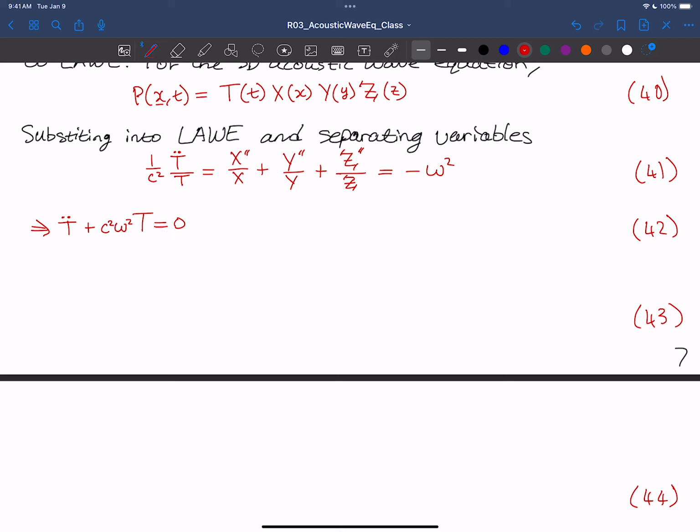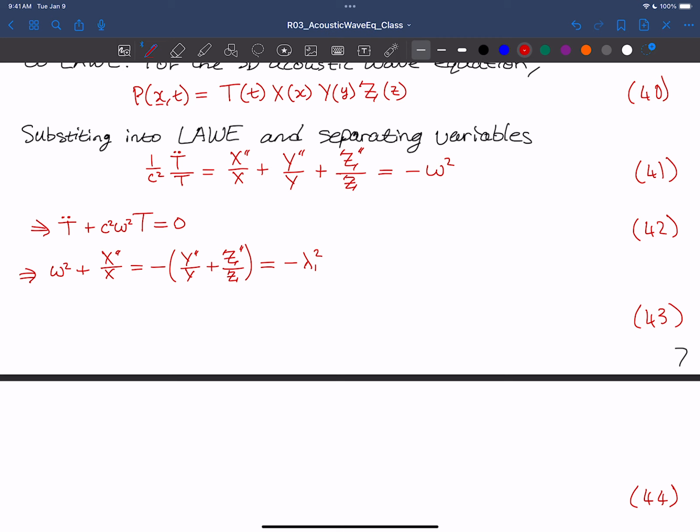That's our first equation. Dealing with the right-hand side, we will get that omega squared plus big X double prime over big X is equal to minus the quantity big Y double prime over big Y plus big Z double prime over big Z. Now we've got a function of x on the left and a function of y and z on the right, so again these must be equal to a constant. We will call this minus lambda 1 squared.